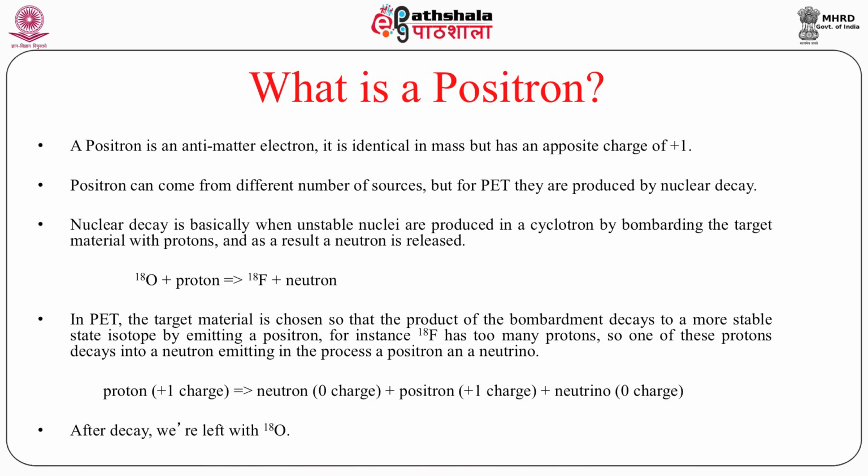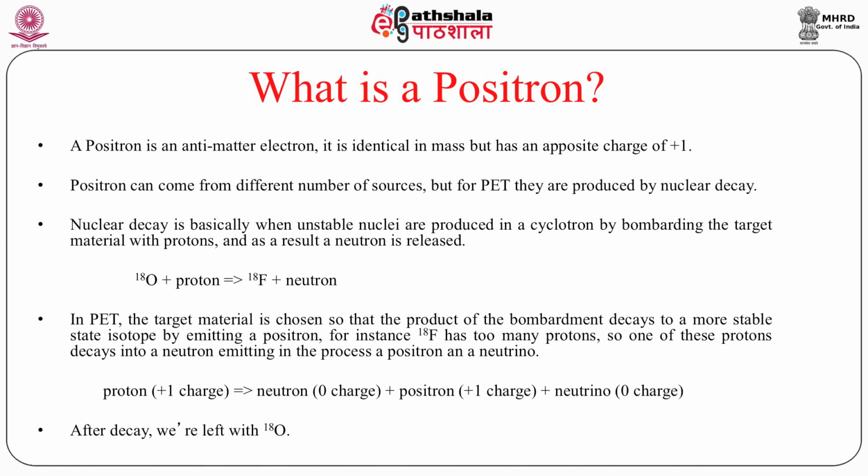The cyclotron energizes charged particles like protons or deuterons to such a large extent that when they come in contact with a target, they make a radionuclide which is a positron emitter. In PET, the target material is chosen so that the product of the bombardment decays to a more stable isotope by emitting a positron.